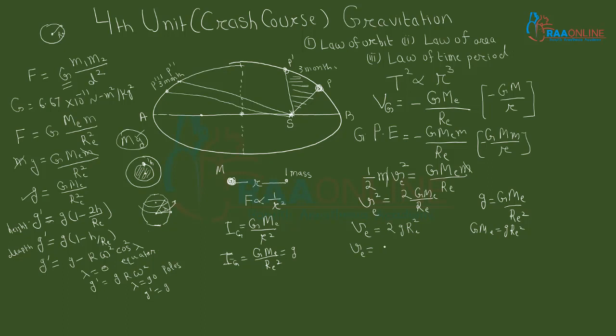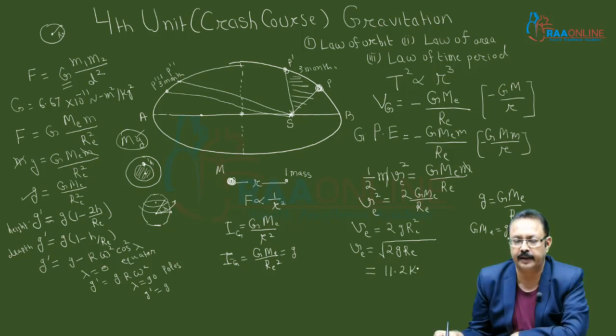So escape velocity is root 2 g Re. Getting my point? You know the value of g, you know the radius of Earth, 6,370 kilometer, nearly 6,400 kilometer. If you calculate it, you will get 11.2 kilometer per second.